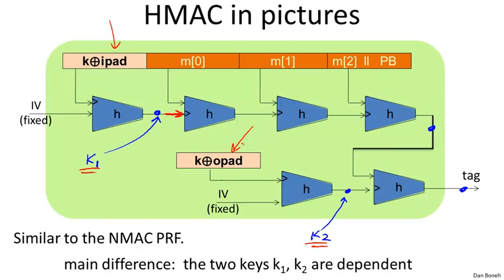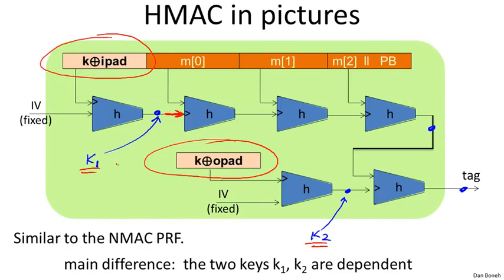And so when we go back to look at the complete HMAC construction, you realize that the main difference between this and NMAC is that these keys here are dependent; they're both just the same key XORed with different constants. Essentially, the keys K1 and K2 are also somewhat dependent because they're computed by applying a PRF to the same fixed value, namely IV, but with dependent keys.